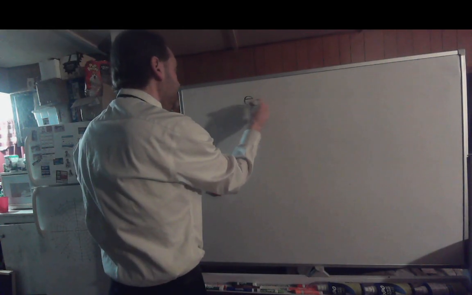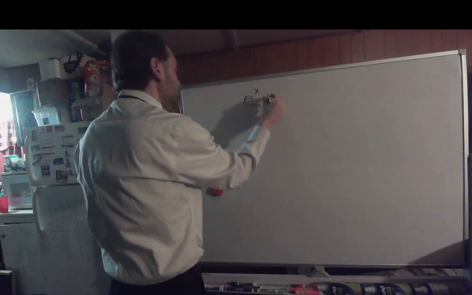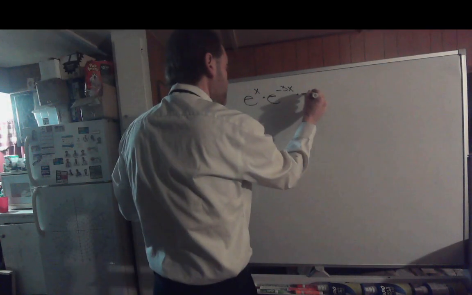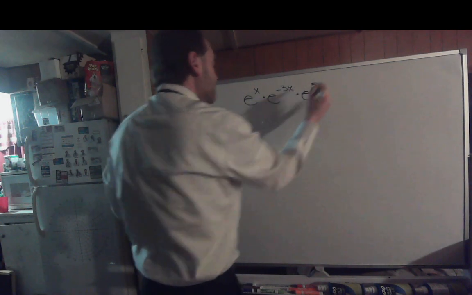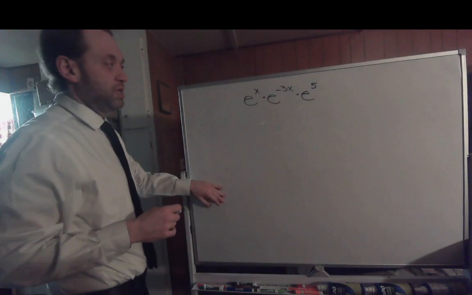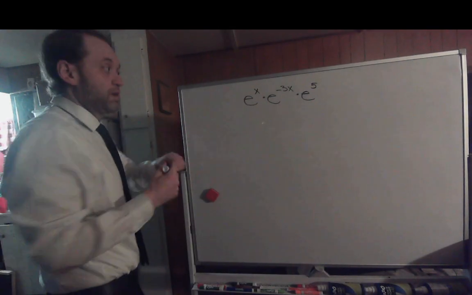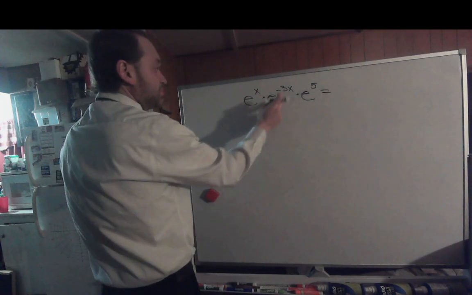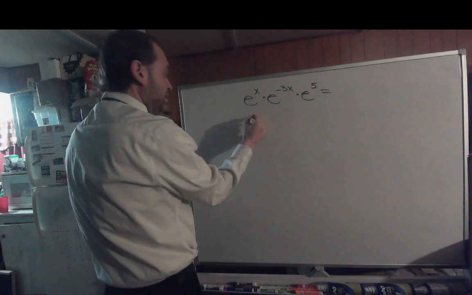Let's see, e to the x times e to the negative 3x times e to the 5th. So we got 3 bases of e that we're multiplying. Well, you're just going to add all 3 powers together. So what's x minus 3x? That'd be negative 2x.